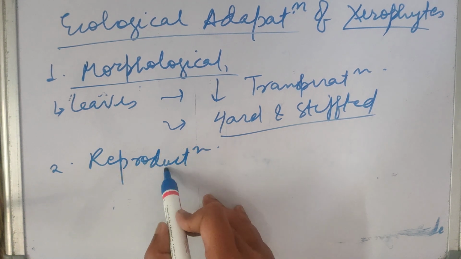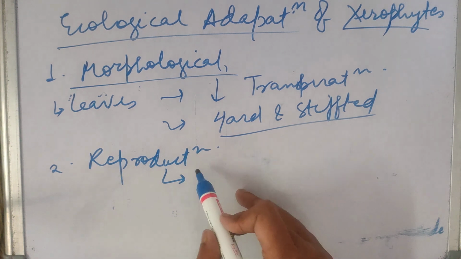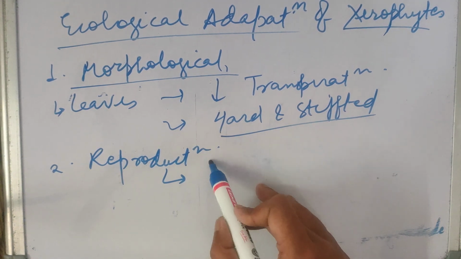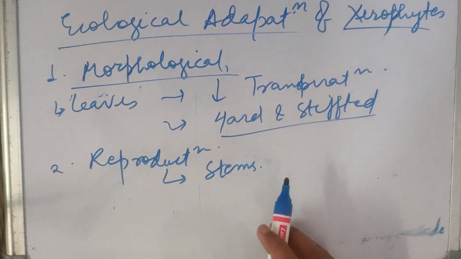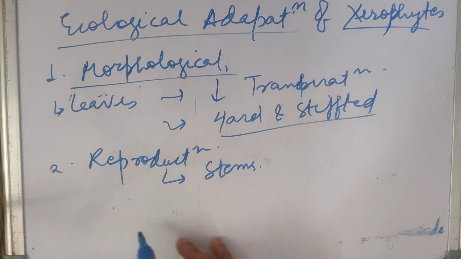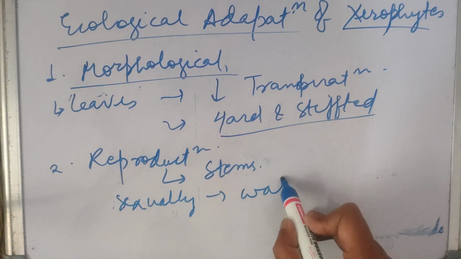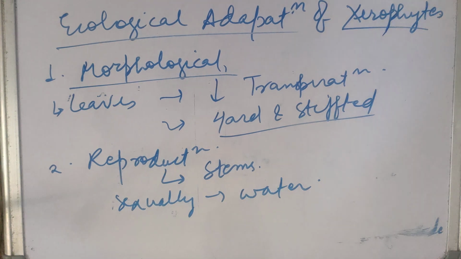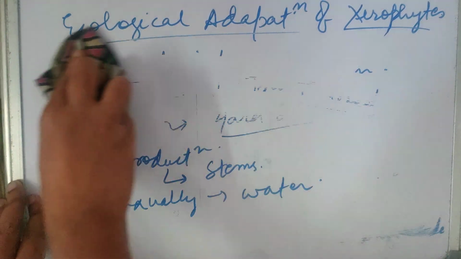For reproduction, most xerophytes multiply through their perennial organs, such as stems. They also reproduce sexually when plenty of water is available for their growth. So these were morphological adaptations.